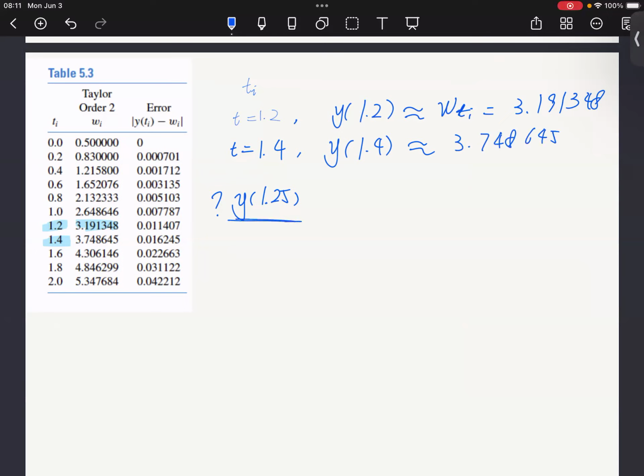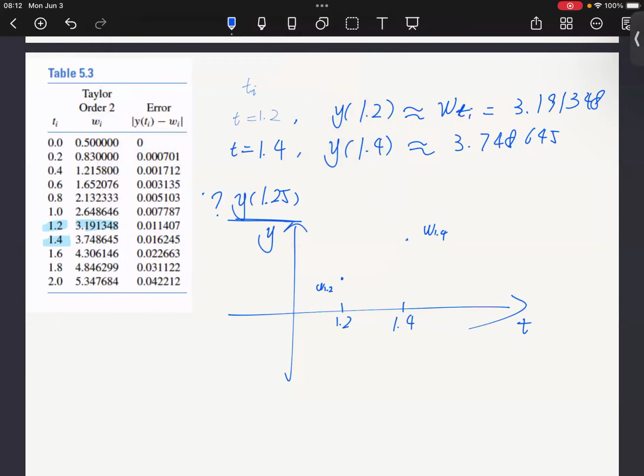For the points in between, this is time 1.2 and this is time 1.4. This is the t-axis and this is the y-axis, with the w value at time 1.2 and the w value at time 1.4.